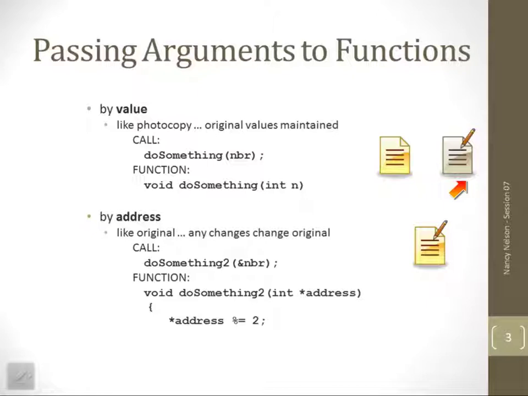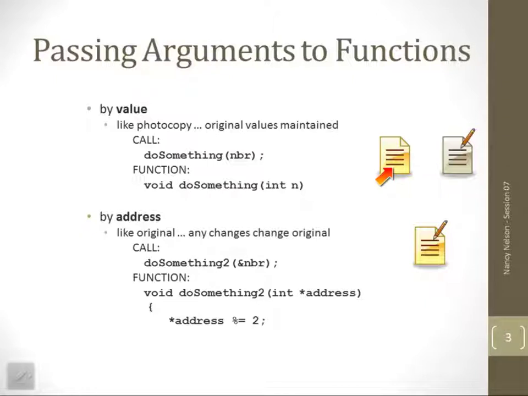It's like a photocopy. So the original value is maintained, and it's not going to change. It doesn't matter what we do in the function to this other one. We can write all over this, we can change it 29 times. If this one had the value 10 before, it's still going to have the value 10 now.